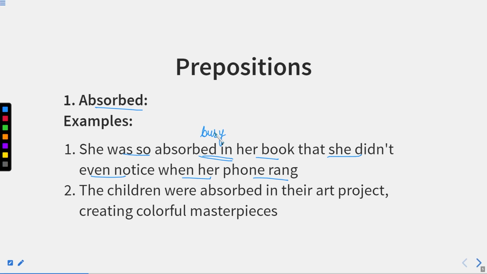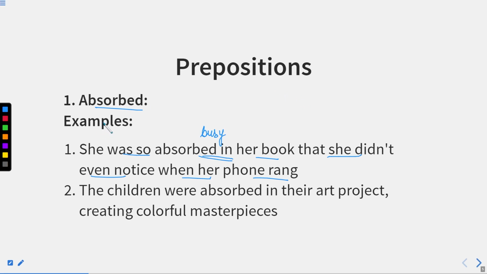So with absorbed, we can use preposition in this manner. It doesn't mean that every time we have to use in with the verb absorbed, because it may be a transitive verb, and if it is a transitive verb, we need not use any preposition after it. For example, the towel absorbed the water.